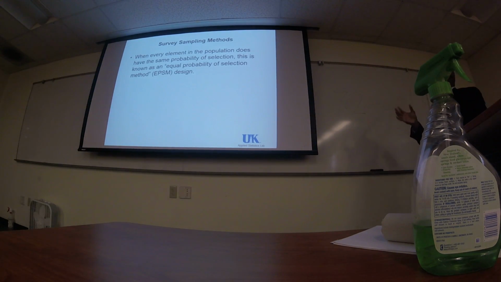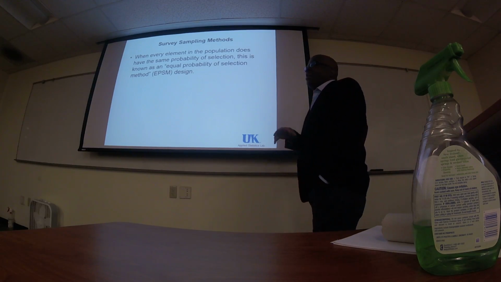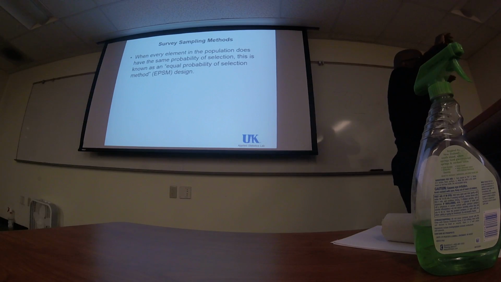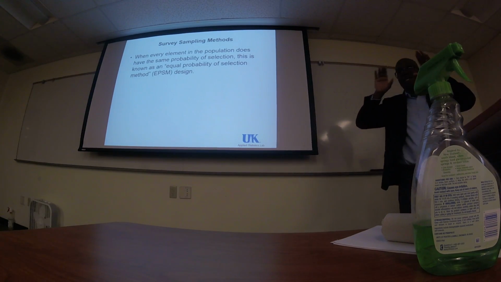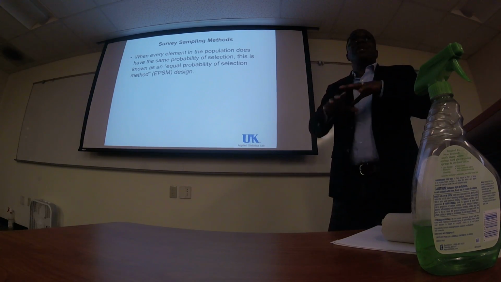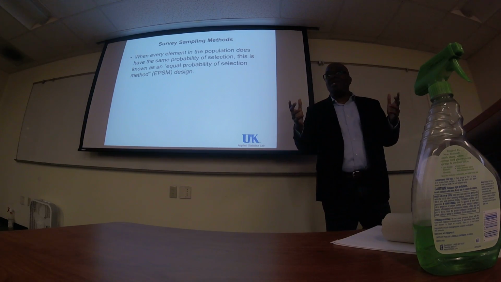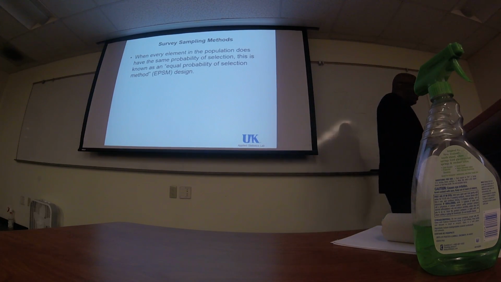One concept is the concept of equal probability of selection. This is the gold standard. This is what we're looking for. If we have a sample, everybody should have equal probability of being selected in our sample.